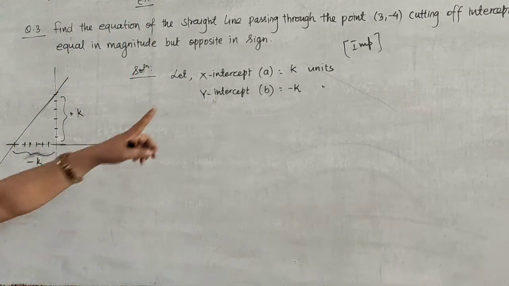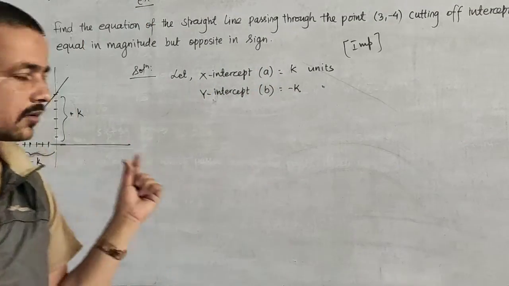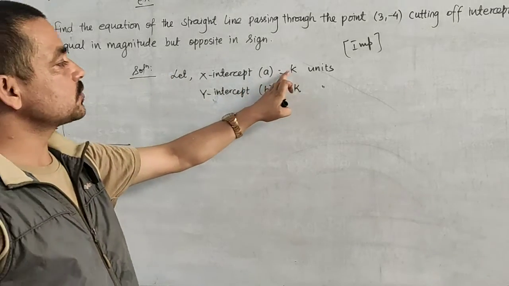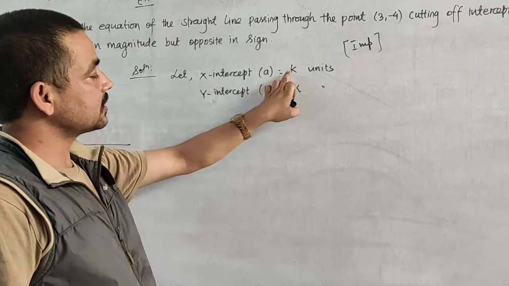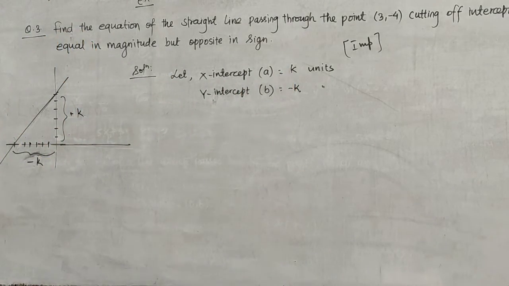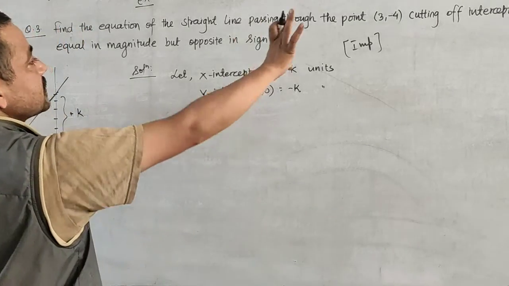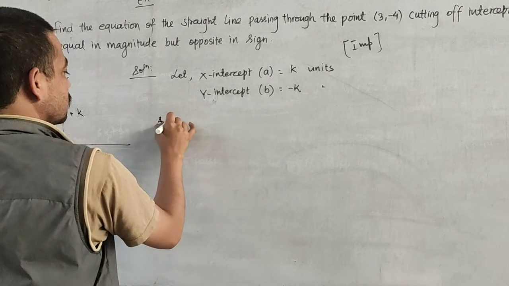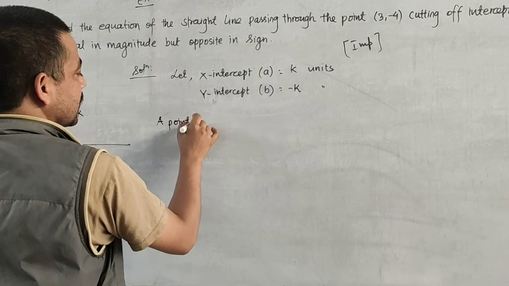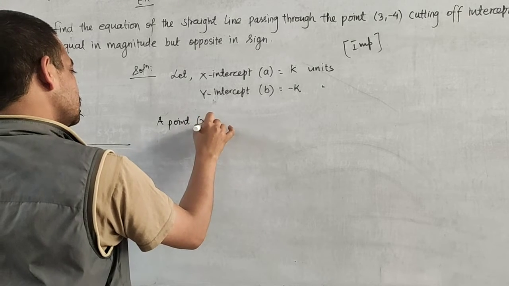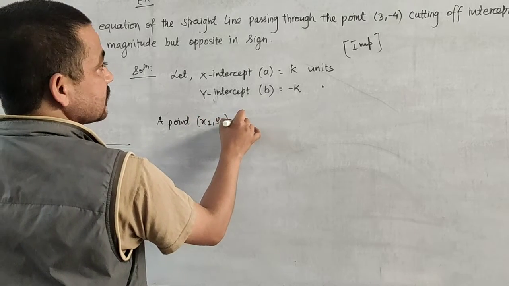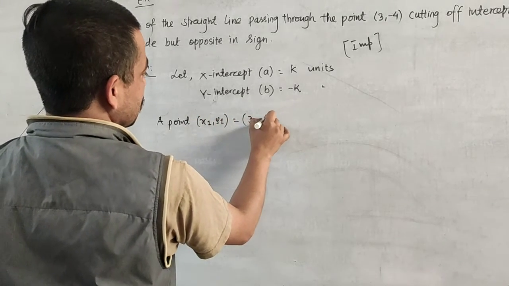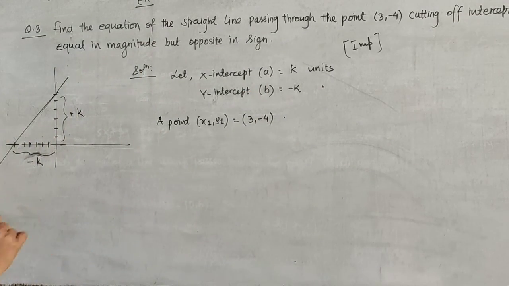The same k should be there, but if it is positive, it should be negative; if it is negative, it is positive. And the line passes through the point (3, -4), a point through which that line passes, that has been given.